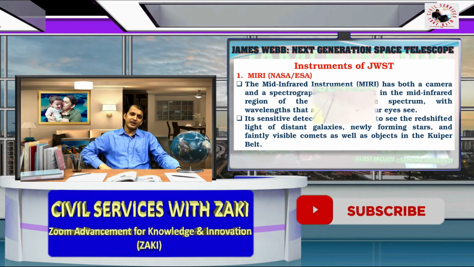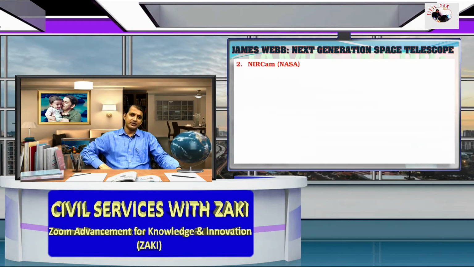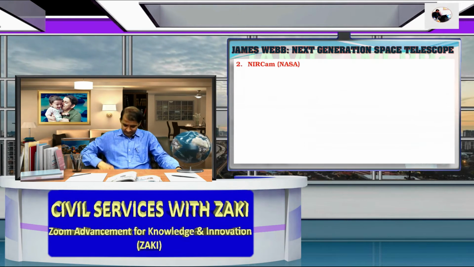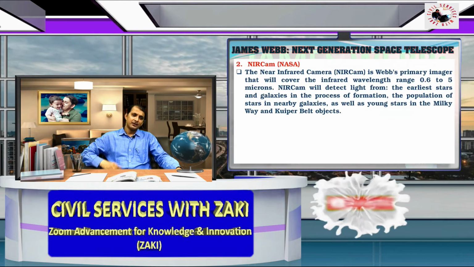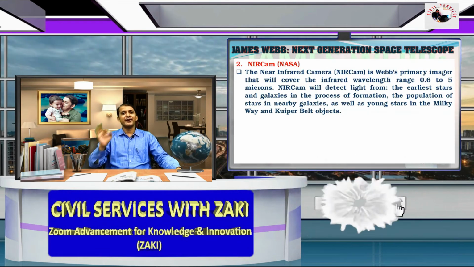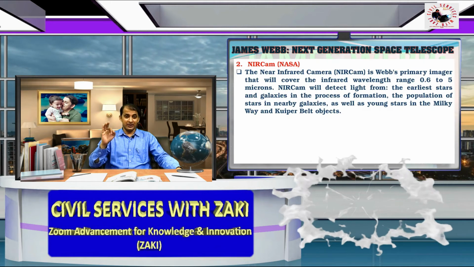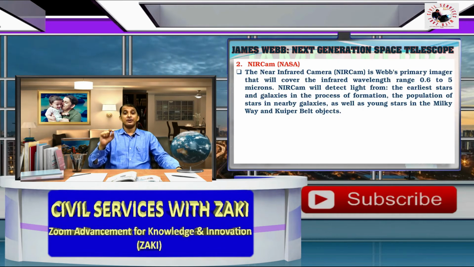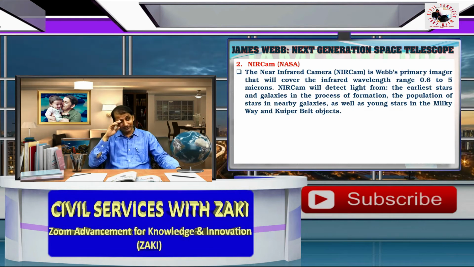Another, the second instrument, is NIRCam. It is basically made by NASA. NIR means near-infrared camera. It is Webb's imager that will cover infrared wavelengths from 0.6 to 5 microns.